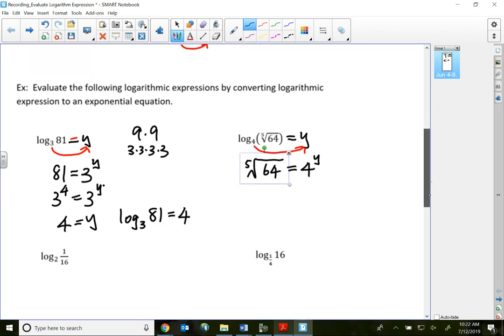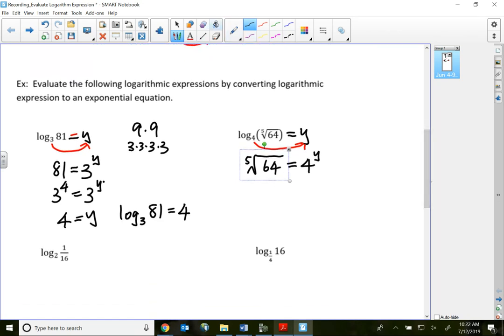So I need to make the base the same. That means I need to figure out a way to make 64 into a base 4. If you think about it, 64 is actually 4 to the third power.